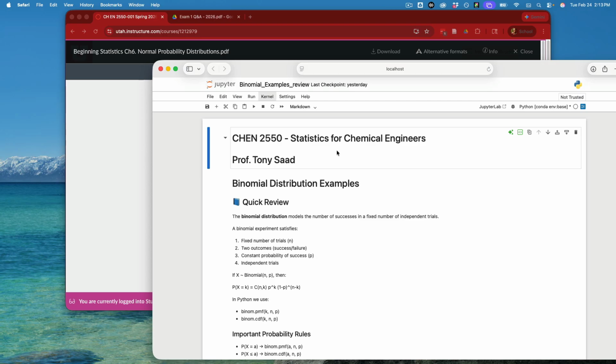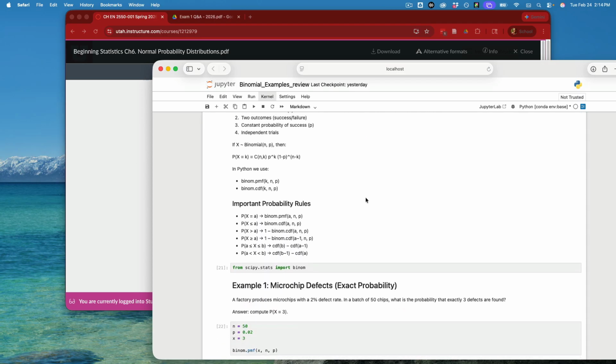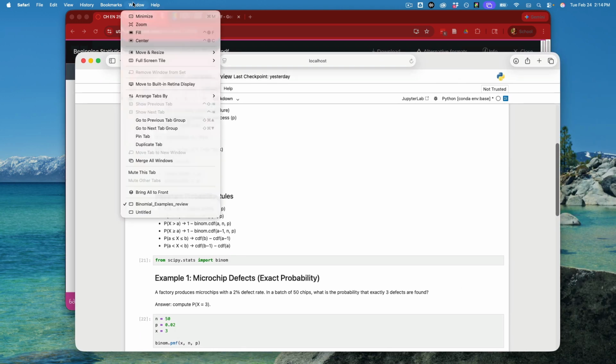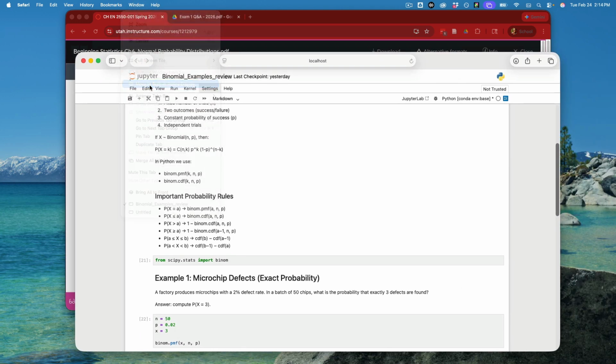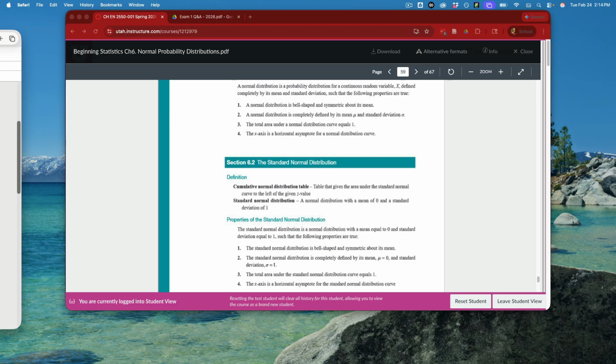Each notebook has 5 examples, looking at probability to the left, to the right, in between, and the tails, greater than, less than, or equal, etc. It has these summaries at the beginning. I'll work through one example at a time.